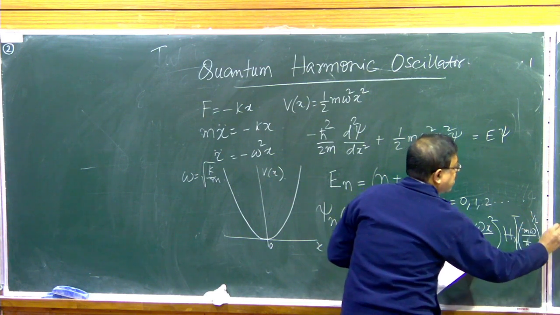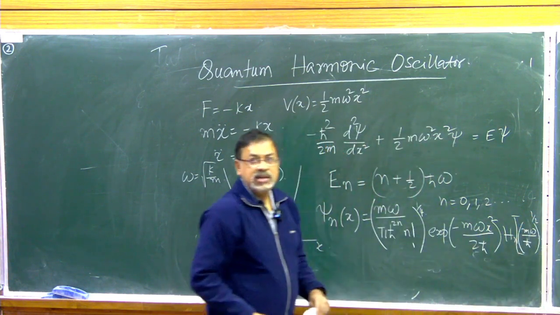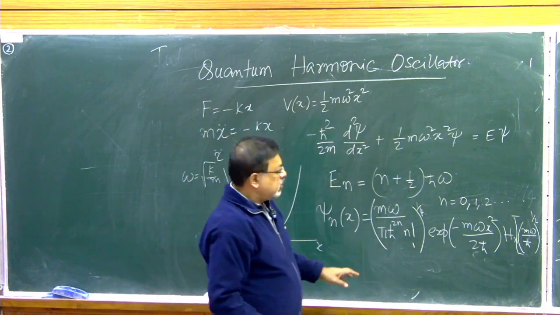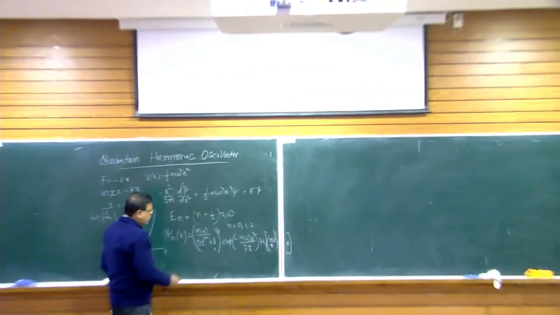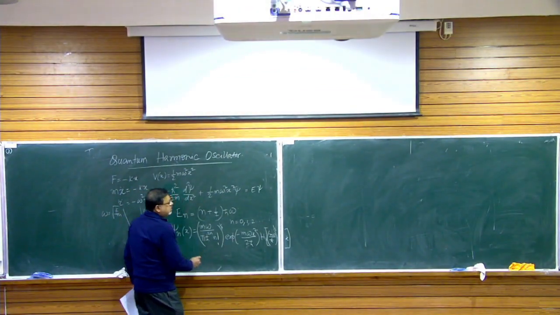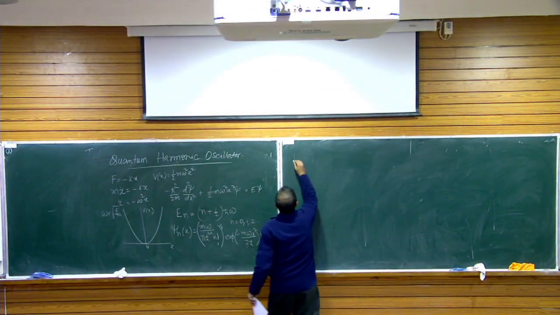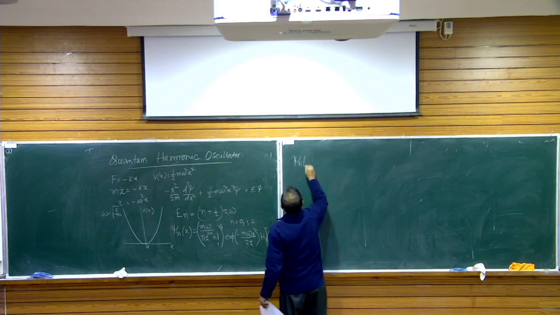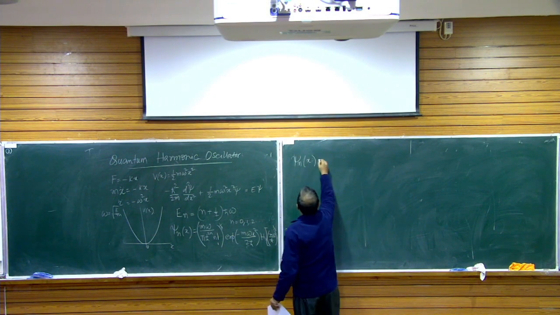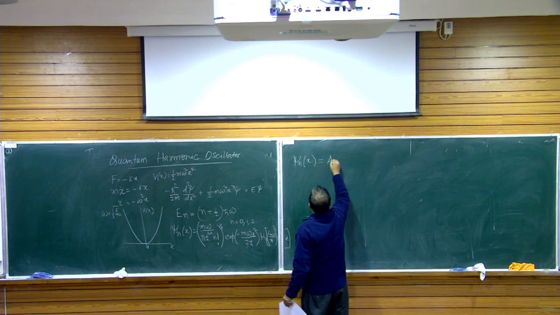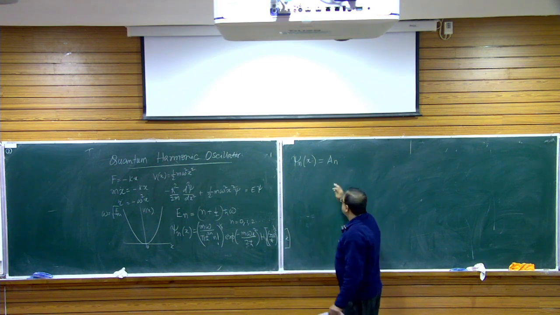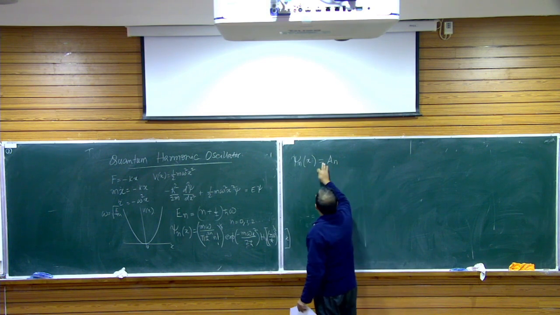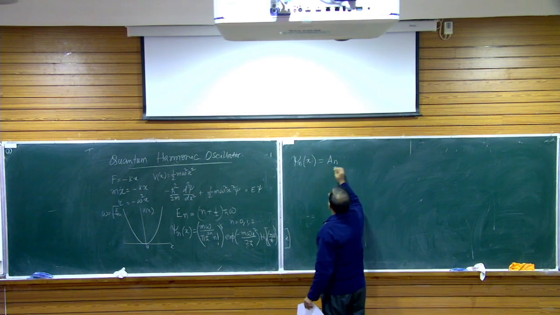The wave function has a slightly complicated form. In a slightly simpler form, we'll write it with an An, which is a normalization constant. We don't have to know that in detail.